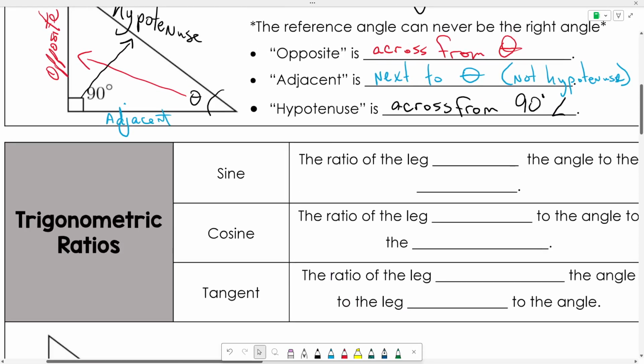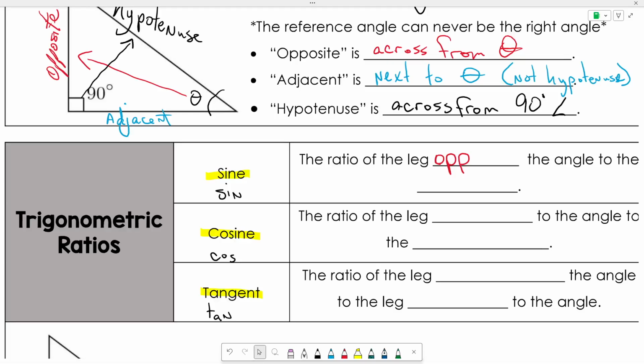So for trigonometric ratios, we have the terms sine, cosine, and tangent. For sine, we abbreviate it SIN, cosine is COS, and tangent is TAN. For the sine, the ratio of the leg opposite the angle to the hypotenuse.